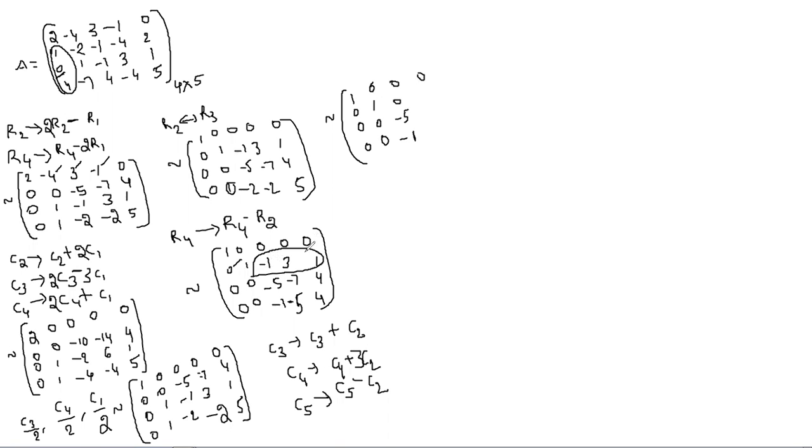C4 plus 3C2. So 3, and here it is having C4, 3 and 1. So here we need to multiply with minus, because same sign. Okay. So C4 minus 3C2 and so it becomes 0. And next C4 is here it is having minus 7, and C2 rest of the values are zeros. So it means we'll get as this.